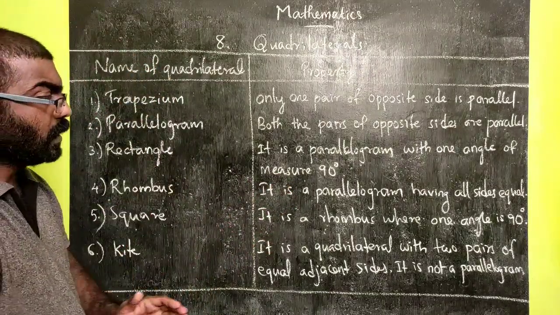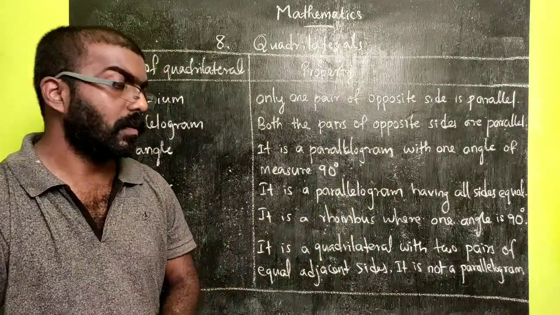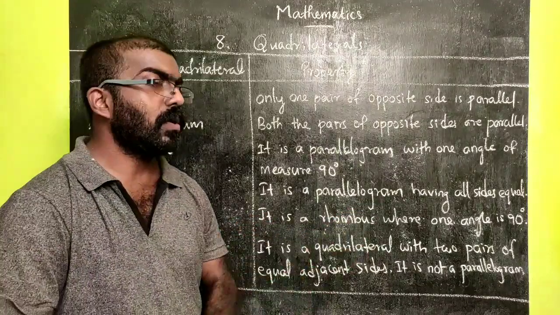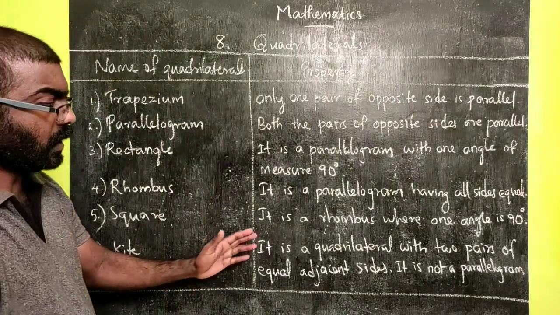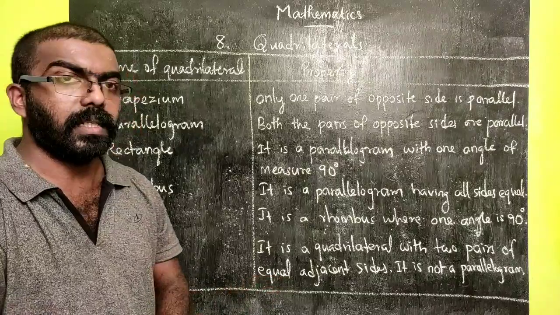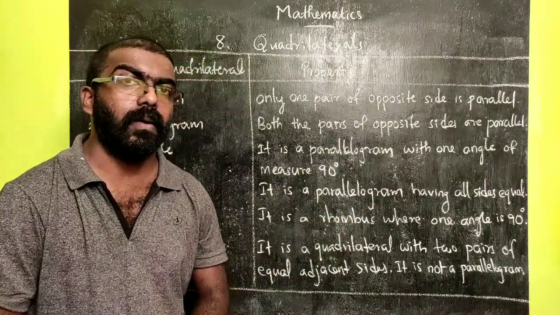Then rhombus. It is a parallelogram having all sides equal. Then square. It is a rhombus where one angle is 90 degrees. And kite. It is a quadrilateral with two pairs of equal adjacent sides. It is not a parallelogram.